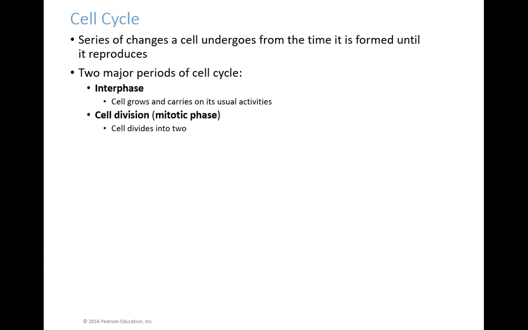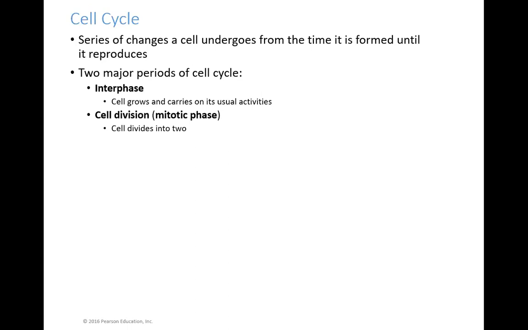At some point, as we approach the end of the life cycle of a particular cell, it will replicate its DNA. If it is one of those that does reproduce, it will replicate its DNA and prepare to go into mitosis, and it will go very quickly into mitosis and then into cytokinesis and form two daughter cells.